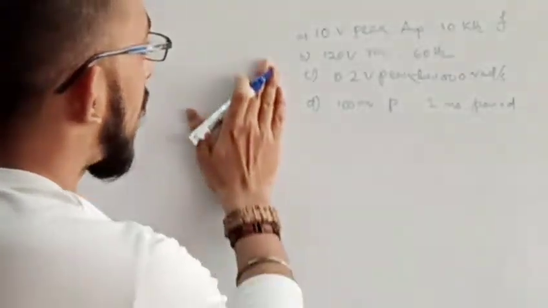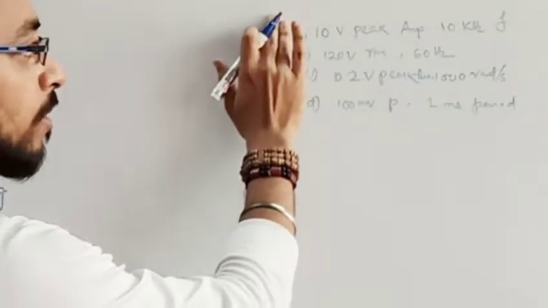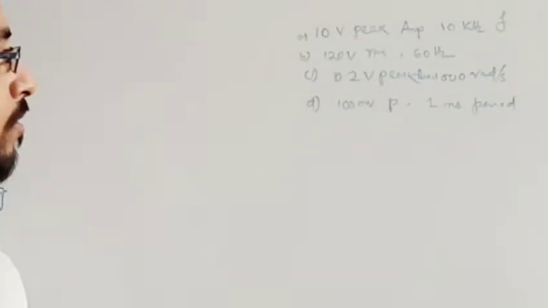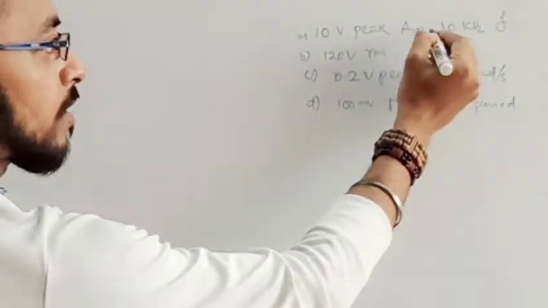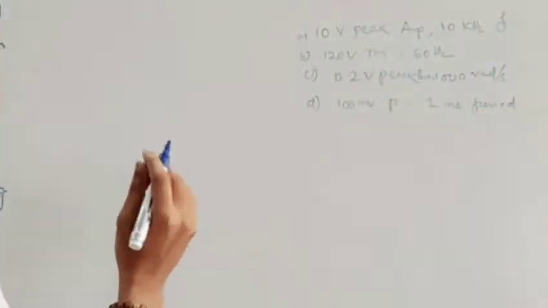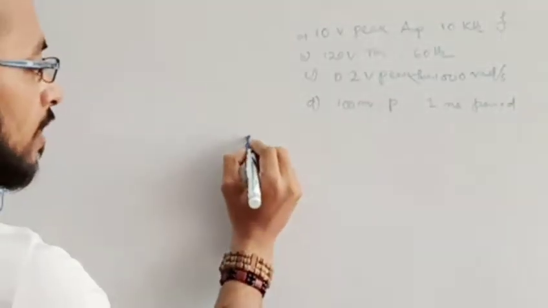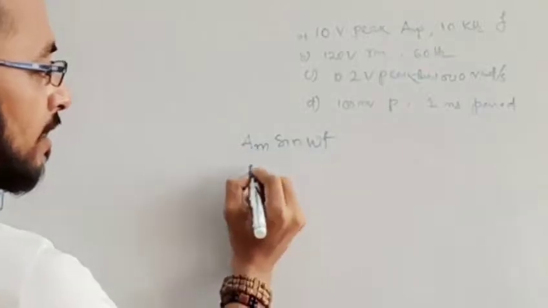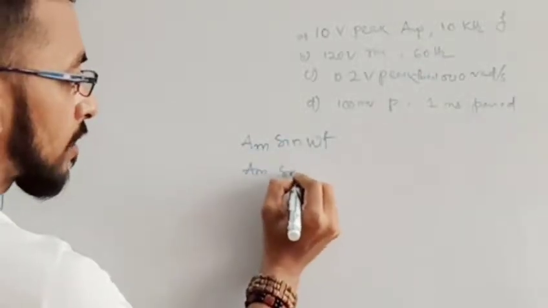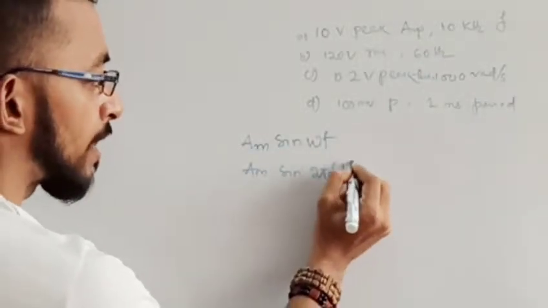We are given four specifications, and we have to write the sinusoidal waveform for each. The first one is given as 10 volt peak amplitude and 10 kilohertz frequency. So what is the standard form of a sine waveform? It is nothing but Am sin omega t, that is equal to Am sin 2 pi ft.